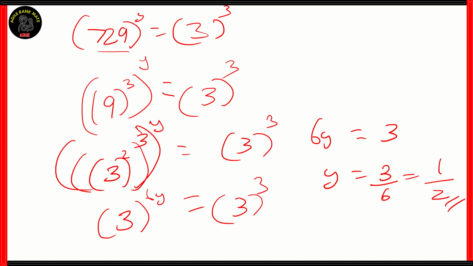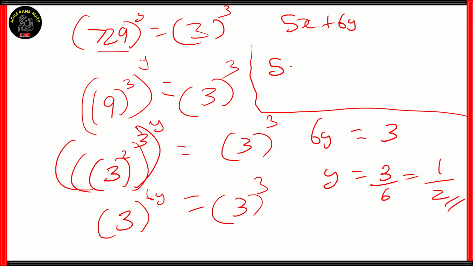So now we have to find 5x plus 6y, which is 5 into minus 3 by 5 plus 1 by 2 into 6.